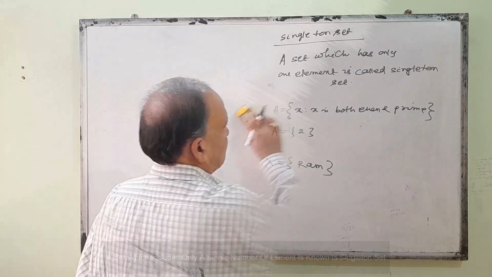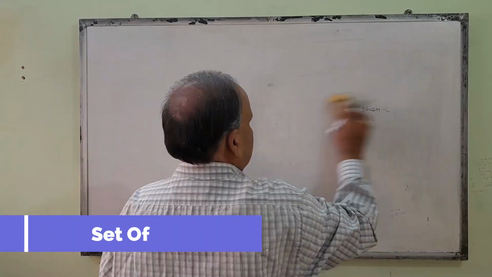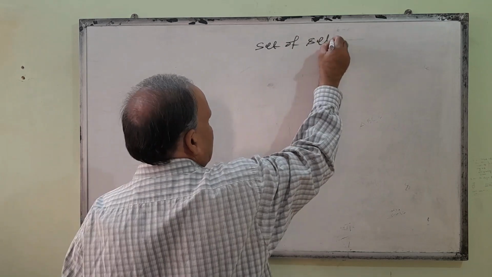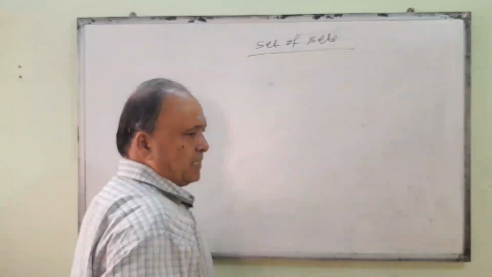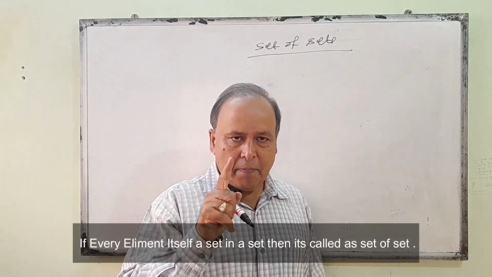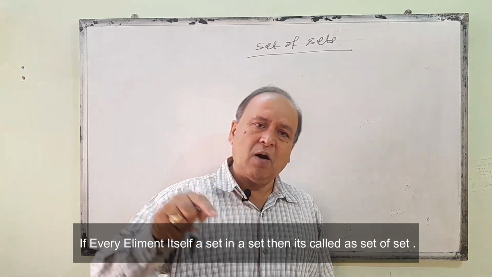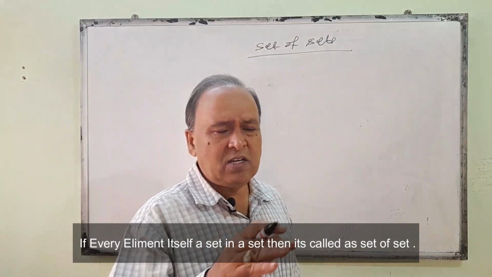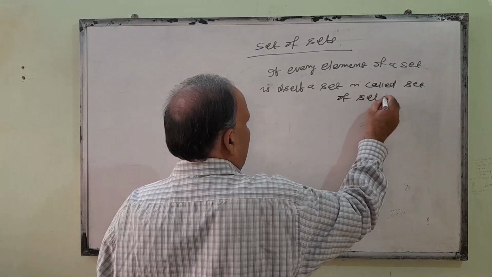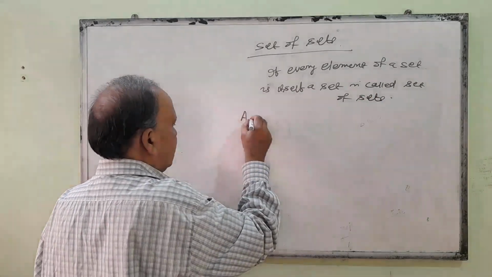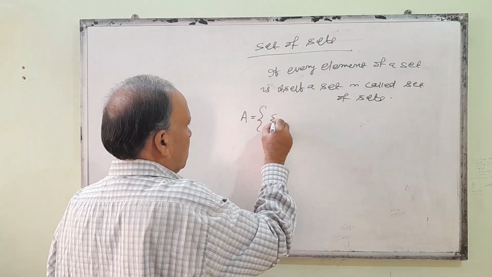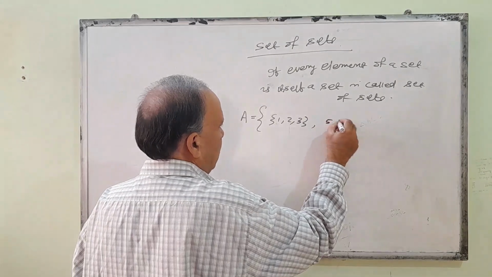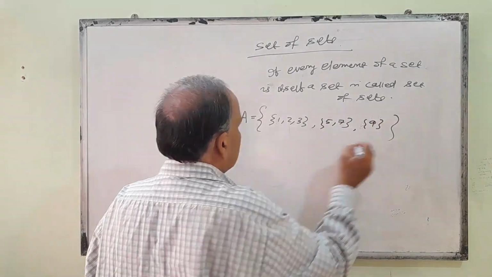Next, come to the set of sets. What is a set of sets? If every element of a set is itself a set, it is called a set of sets. For example, suppose A is equal to {1, 2, 3}, {5}, {7, 9}.